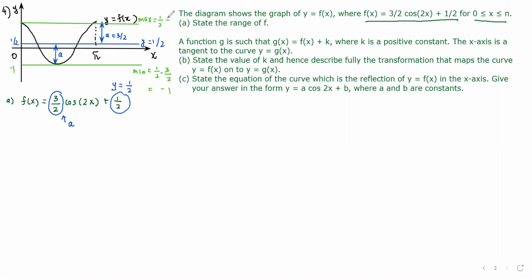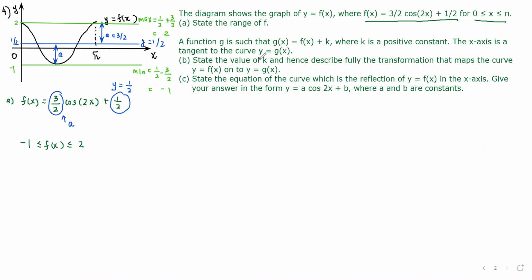So that is 1/2 plus 3 over 2, and that has a value of 2. From here, we can say that the range of the function is from -1 to 2, and you can write this as f(x) in between -1 and 2. That gives you the range of the function.